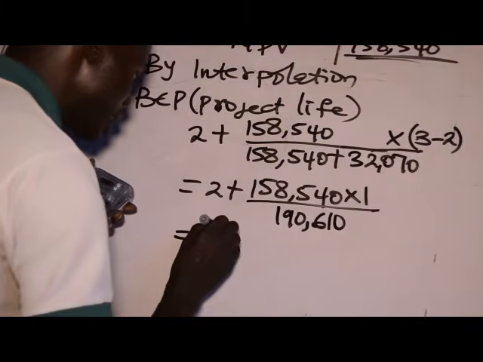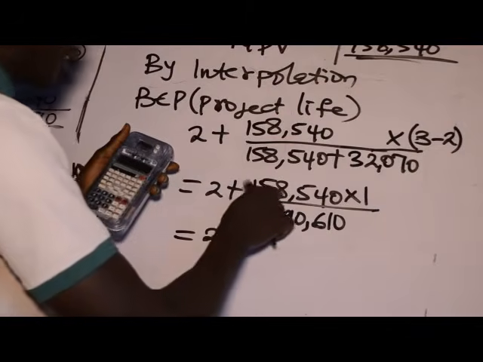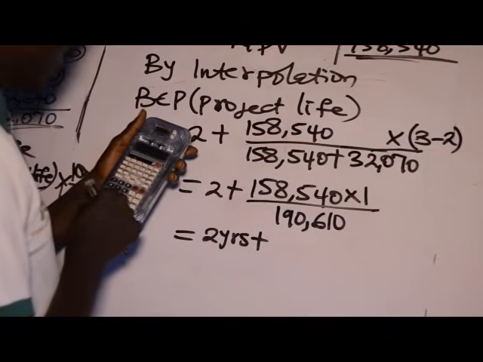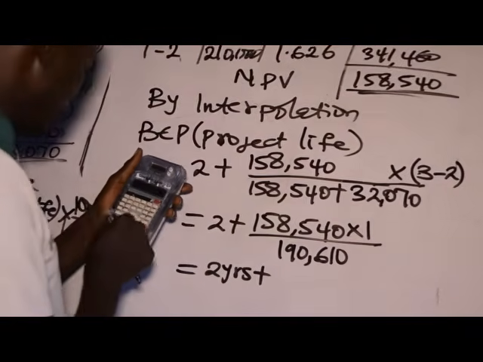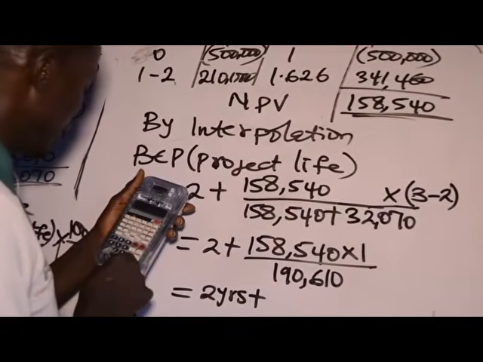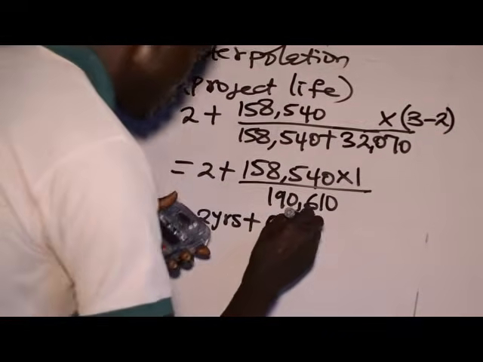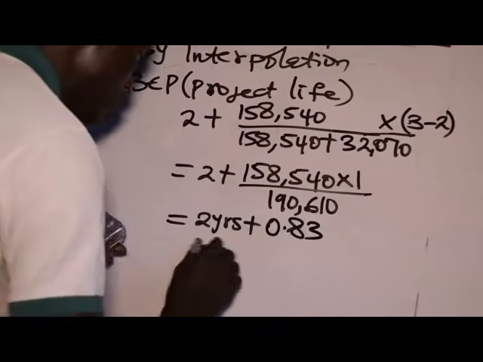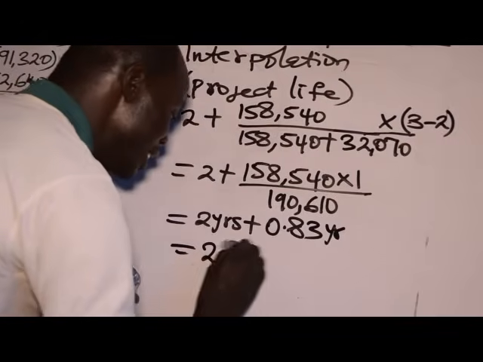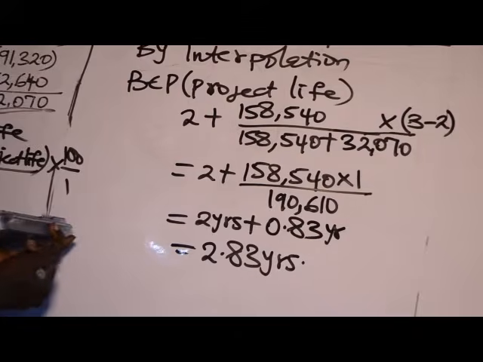So it is 2 years plus 158,540 divided by 190,610, which is 0.83. By the time you sum it up, you have 2.83 years. That is the break-even point of the project life.